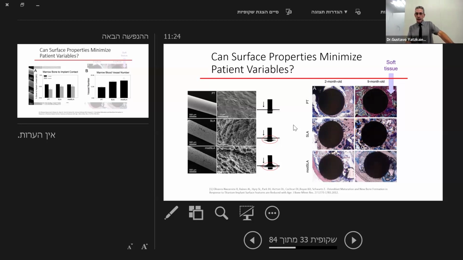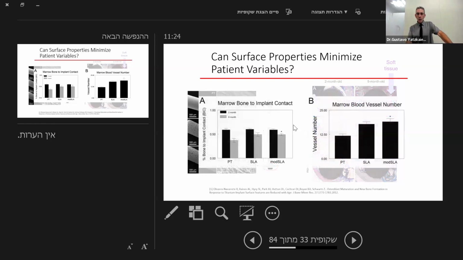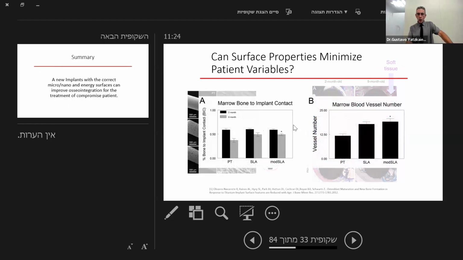We can see here in this graph that in healthy men or young rats, osseointegration was achieved on all the surfaces. But in the 9-month rat, we can see that only the modified SLA achieved the osseointegration. In those graphs, we can see that the marrow bone implant contact was achieved mostly in SLA and modified SLA when we talk about young rats, that is in black.